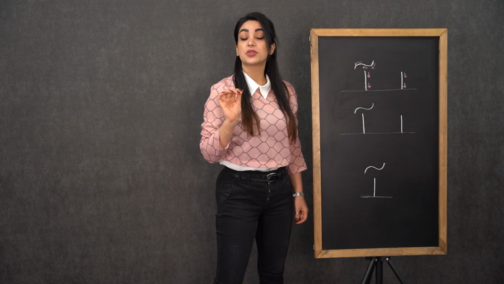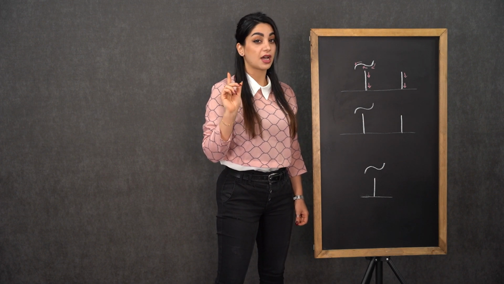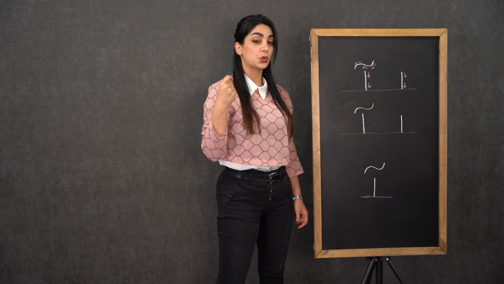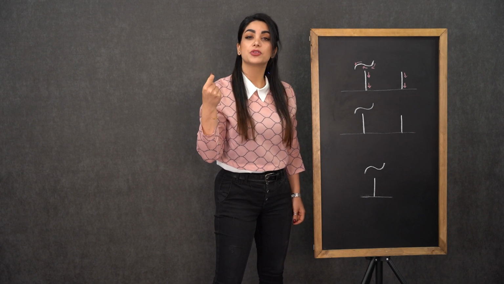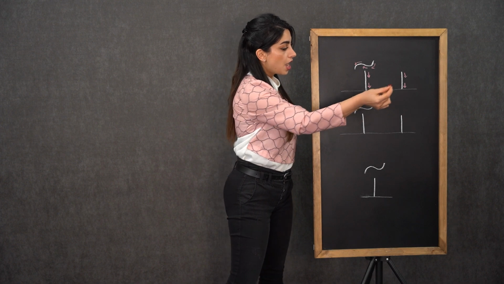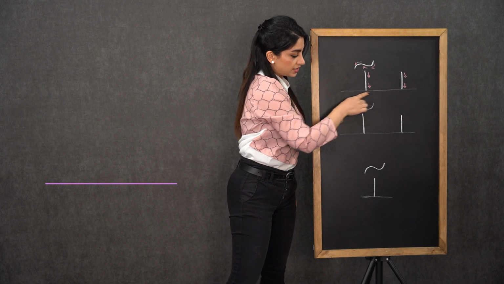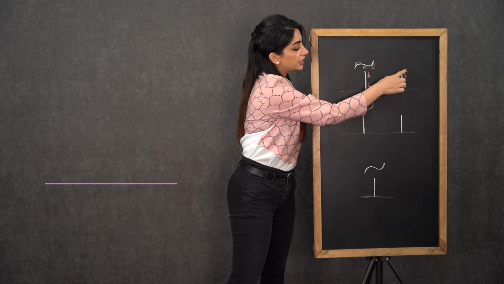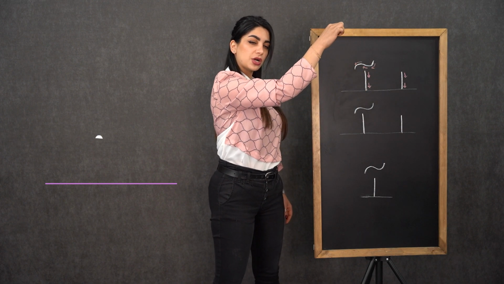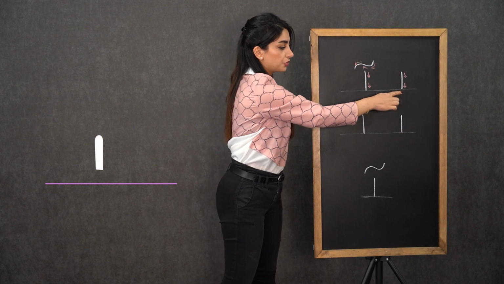For writing down the first Persian letter a, the lowercase one, we put the tip of your pen or pencil above this line. You see this line? You put it here, and then you draw a straight line until you reach this one.